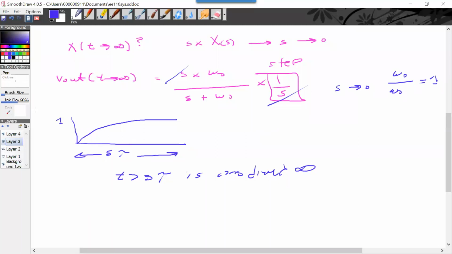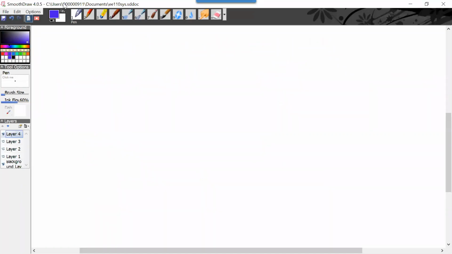So this is a formal way of looking at it, but here's maybe a more intuitive way to help you.